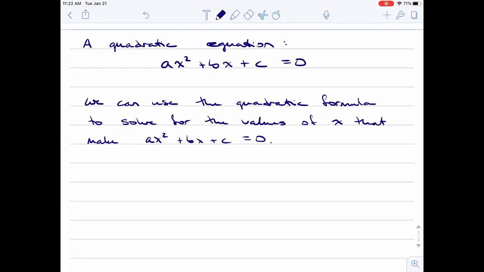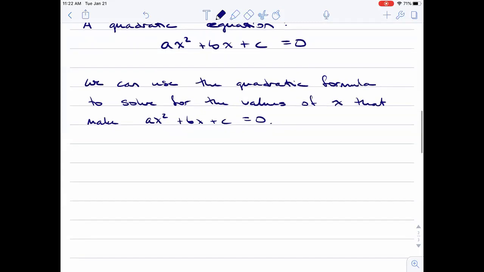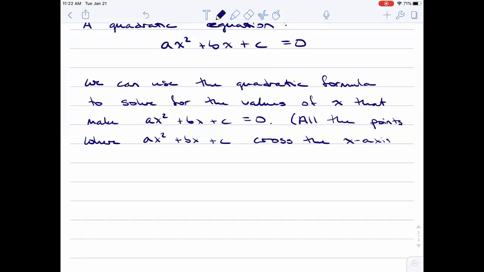If we're thinking about it graphically, this would be saying, I'm going to solve for the values of x that make this function 0. So essentially where it's going to cross the x-axis. So this is going to be all the points where ax squared plus bx plus c crosses the x-axis.